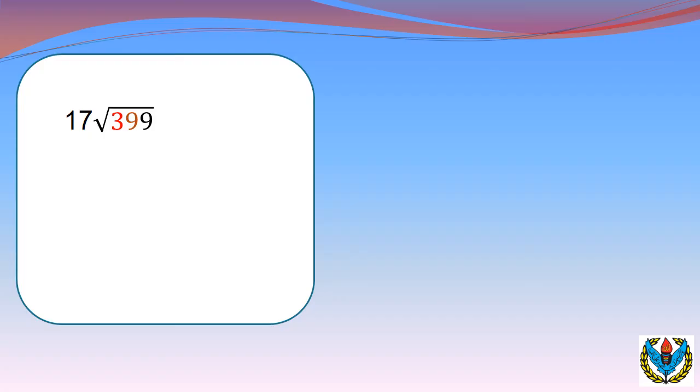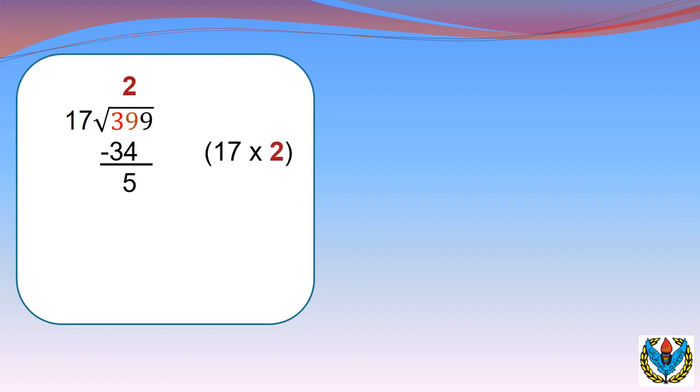Now 39 is greater than 17, so we can divide it by 17, and we have to read the table of 17 up to 39. 17 twos are 34, which is closest to 39. And we will write 2 above the division sign in the quotient's place. Then by subtracting 34 from 39, we will get 5 in the remainder.